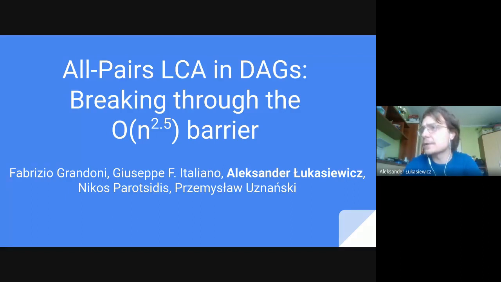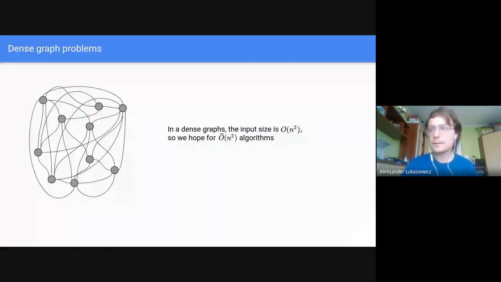The title is All-Pairs LCA in DAGs: Breaking through the O(n^2.5) barrier. So we'll be talking about graph problems, and especially if we have a dense graph, it has O(n^2) edges.